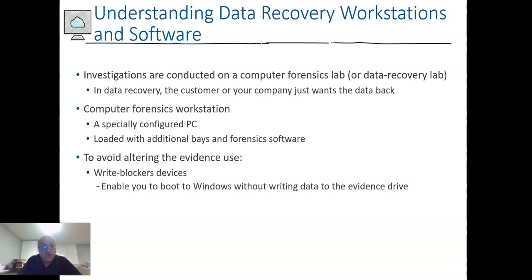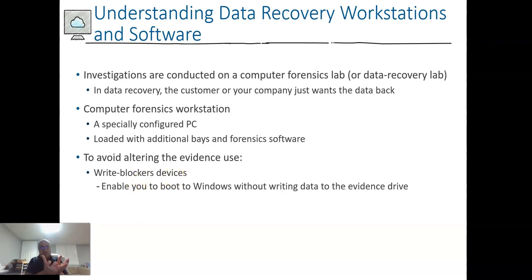Okay. A computer forensics workstation is specifically configured with computers. A computer forensics workstation is expensive. Why is it called a workstation? Because it's a powerful computer, loaded with additional strong software. It has something called a write blocker device. What is a write blocker device?